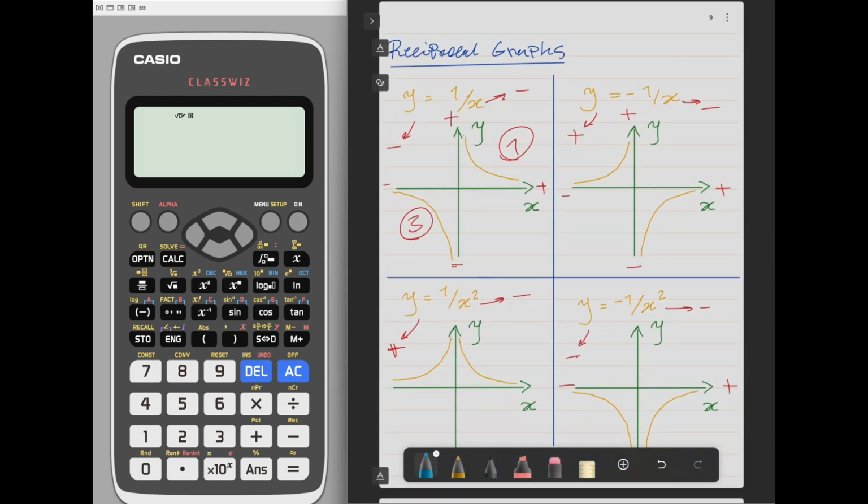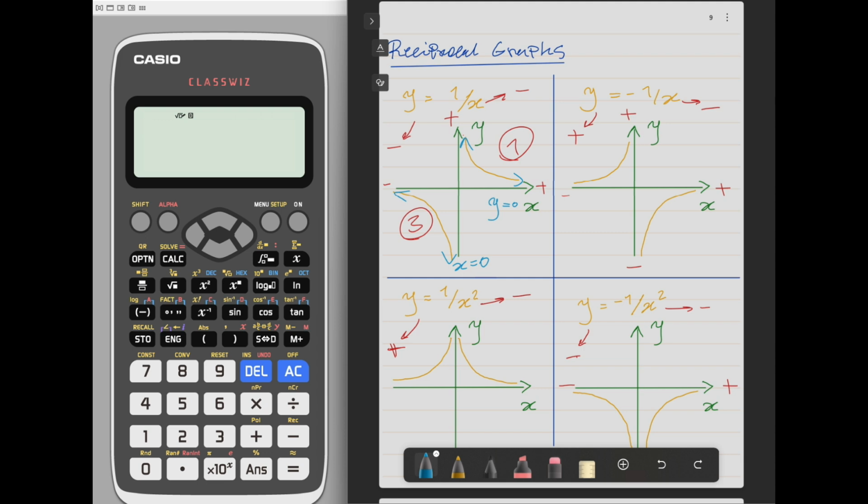Guys, you see that in the first one, 1 over x, this first section is not going to touch y is equal to 0, nor x is equal to 0. So x is equal to 0 is this line, right? And y is equal to 0 is this line. And my graph is never going to touch these two lines.